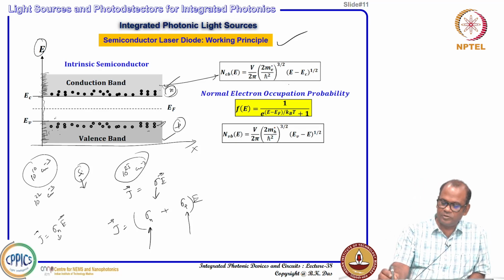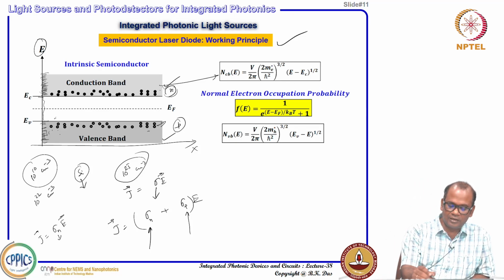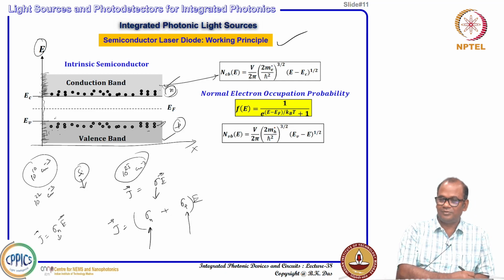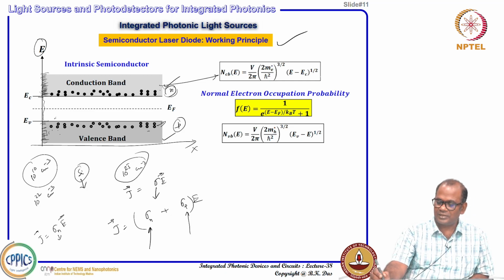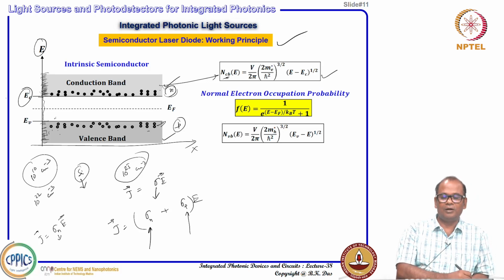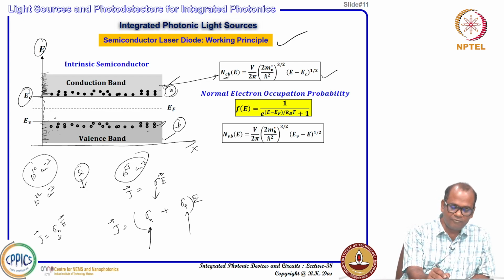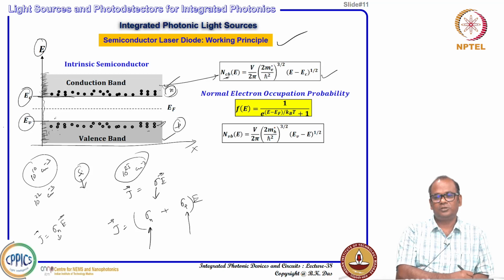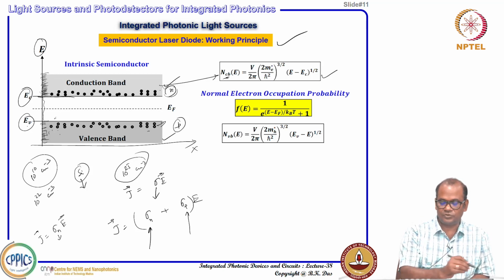And the number of energy states available can be expressed in terms of this in the conduction band. Cb stands for conduction band, where Ec is the bottom of the conduction band energy level, and Ev is the top of the valence band, as shown here.